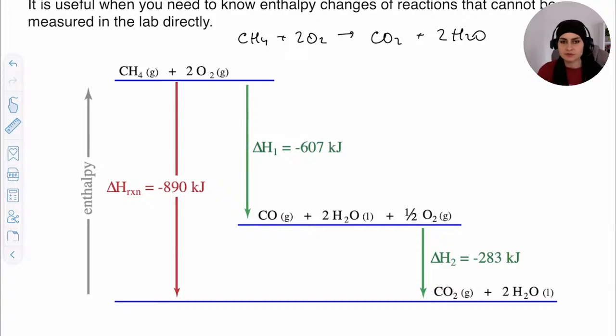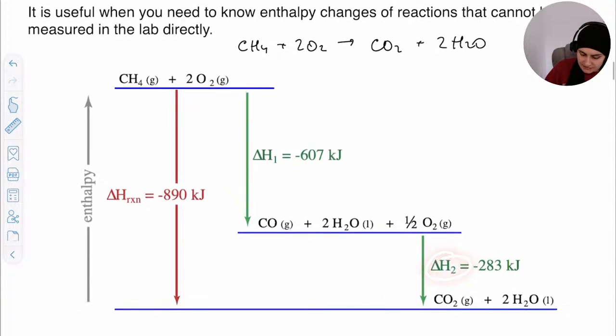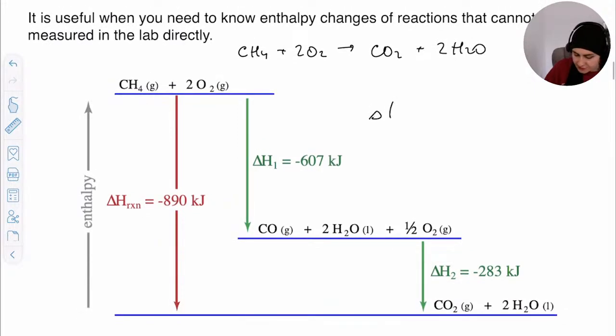So if we could do this reaction like this, then Hess's law tells us that the enthalpy change of the reaction where reactants are going into intermediates, let's say it's delta H1, and then these intermediates would turn into final products with enthalpy change delta H2. So Hess's law tells us that delta H of the reaction would equal delta H1 plus delta H2.